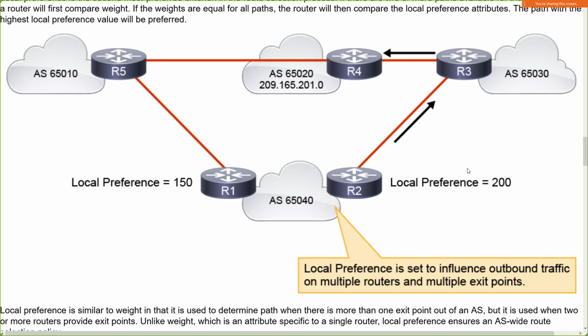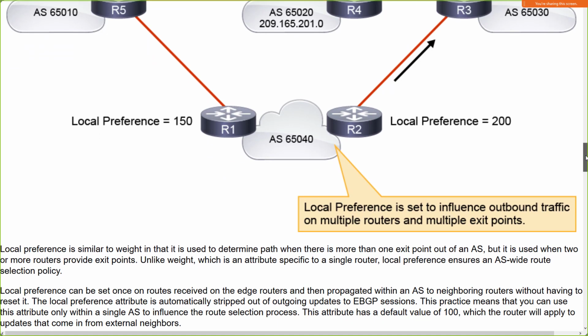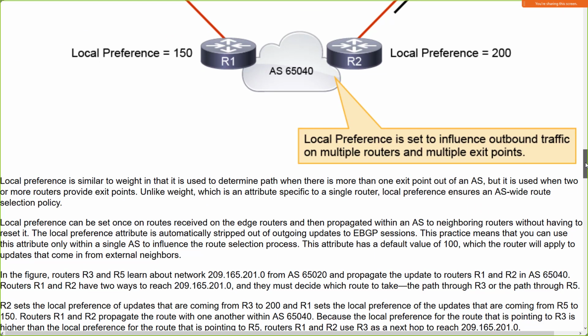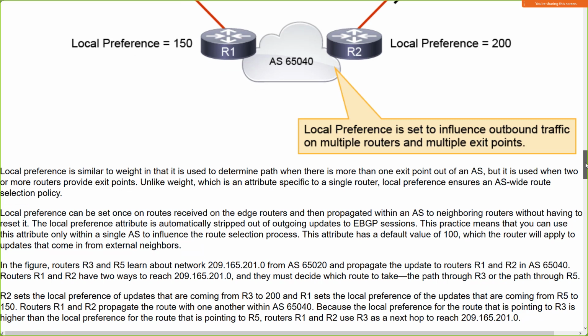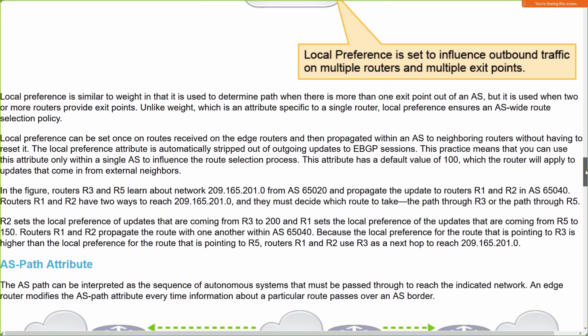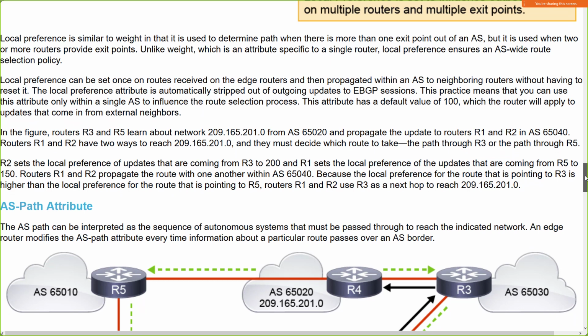Depends on the prefix, but in this case it's 209.165.201.0. Okay? Similar to weight, except it's not local to the router. It's propagated throughout the AS. All right?